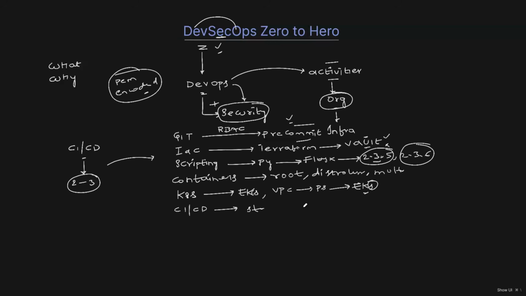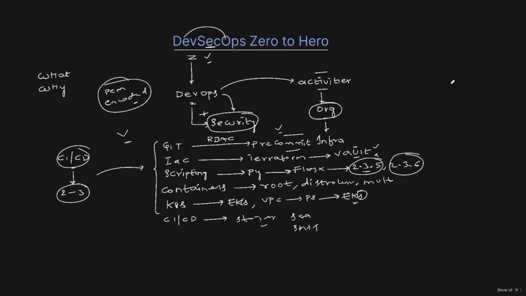Multiple stages like static code analysis, stages like SAST, stages like container security, using platforms like Trivy, platforms like Snyk, or even Docker, which today supports a lot of security related to containers. So this way, the scope of DevSecOps is not limited to CI/CD, but every activity that a DevOps engineer performs.